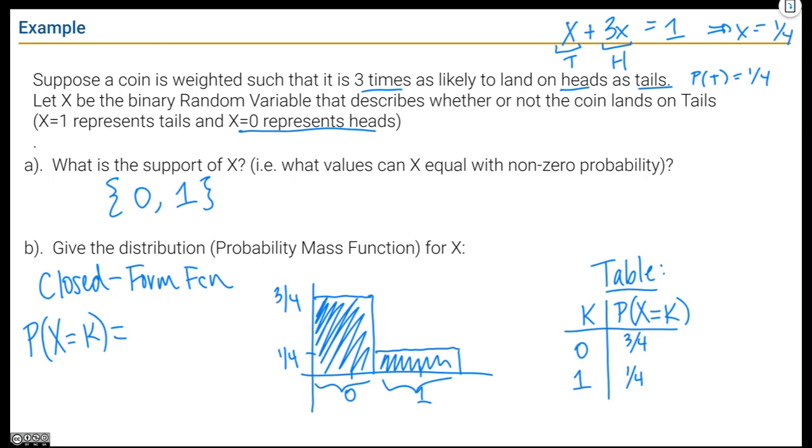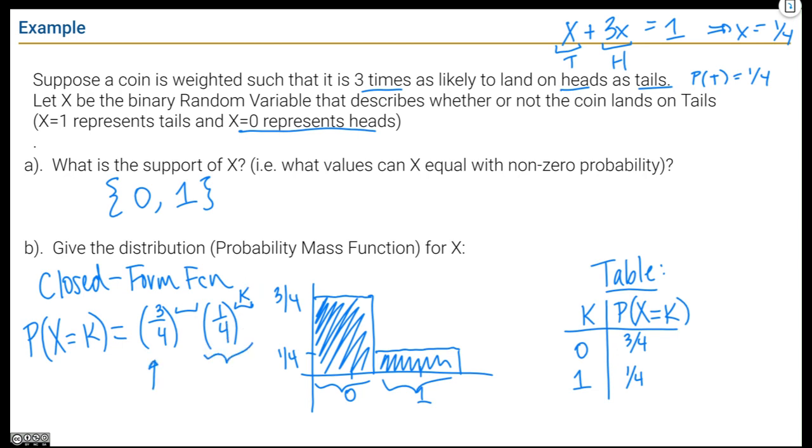And so you'll notice what's actually happening is I'm going to have 3/4 to some power and 1/4 to some power. And let me explain. I know that when k is 0, I want my output, my probability, to be 3/4. And so basically if I put k right here, 1/4 to the k, that would make this whole term 1.